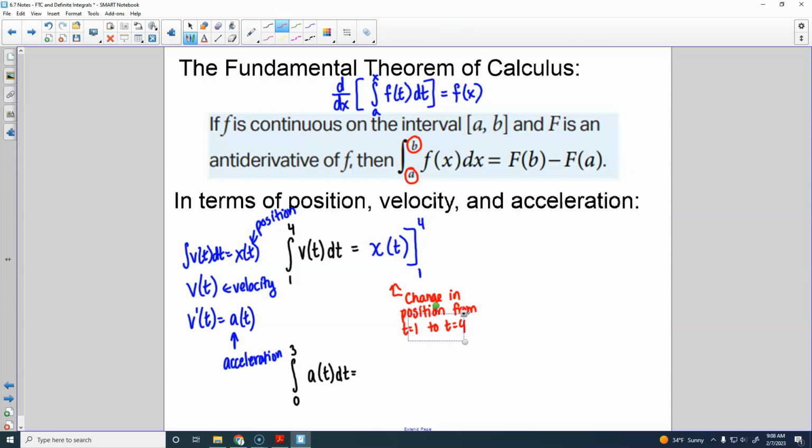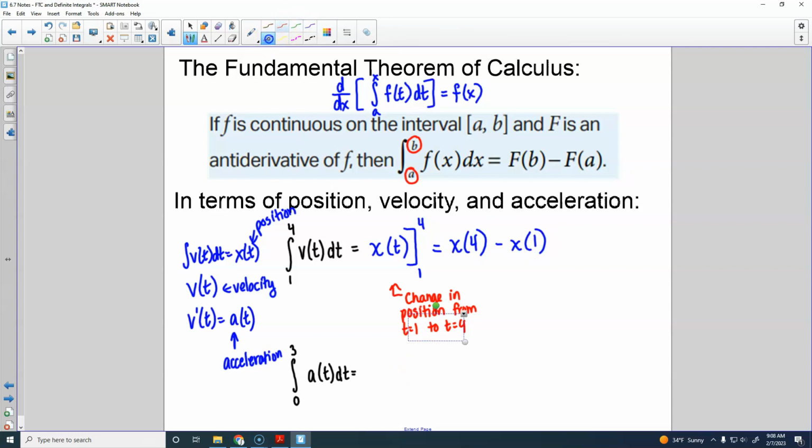So let's say I started at 10 and ended up at 35. What's my change in position? It'll be 25, just 35 minus 10. We're taking where you end up and subtracting where you start. So that will just be x of 4 minus x of 1.